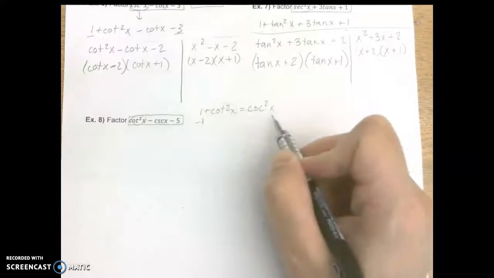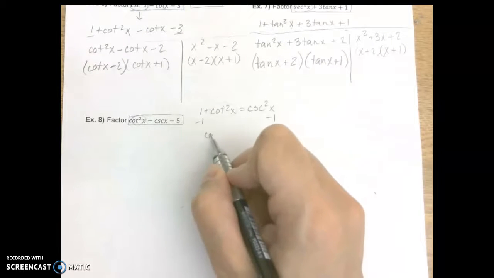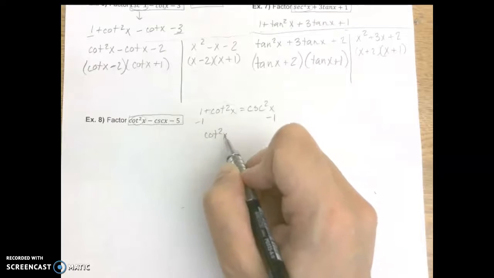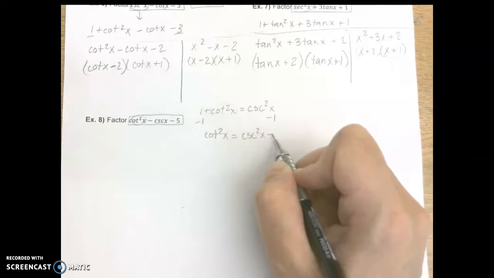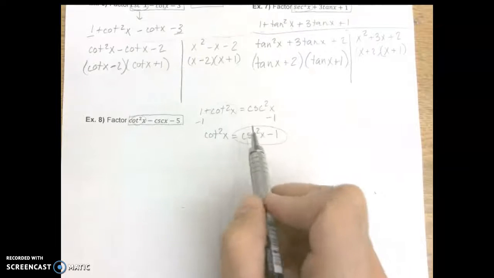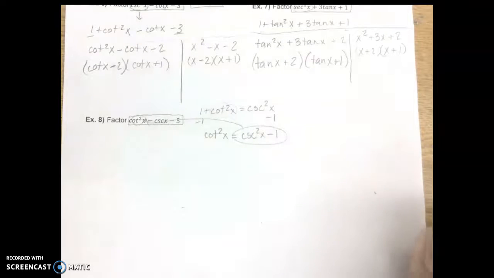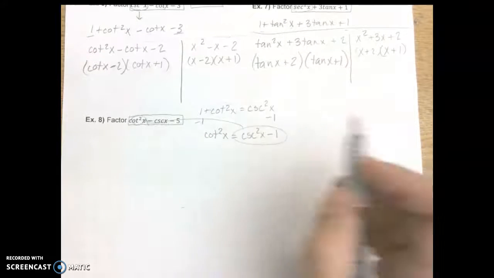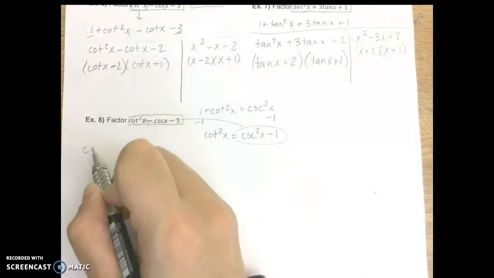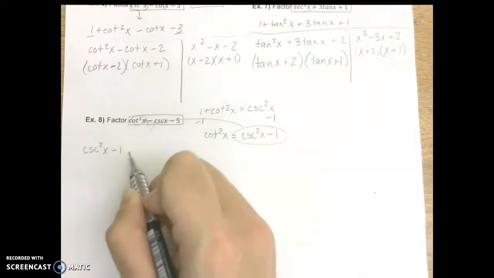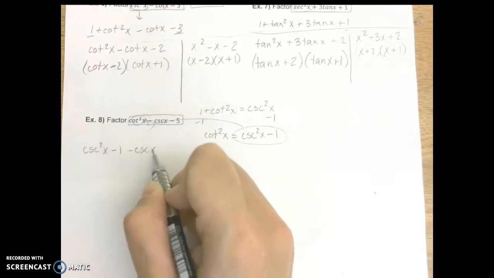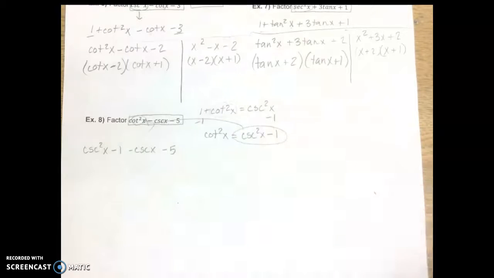So I'm going to subtract 1 from both sides. And I get cotangent squared x is equal to cosecant squared x minus 1. And so this right here is going to replace the cotangent squared x. So now I have cosecant squared x minus 1 minus cosecant x minus 5.